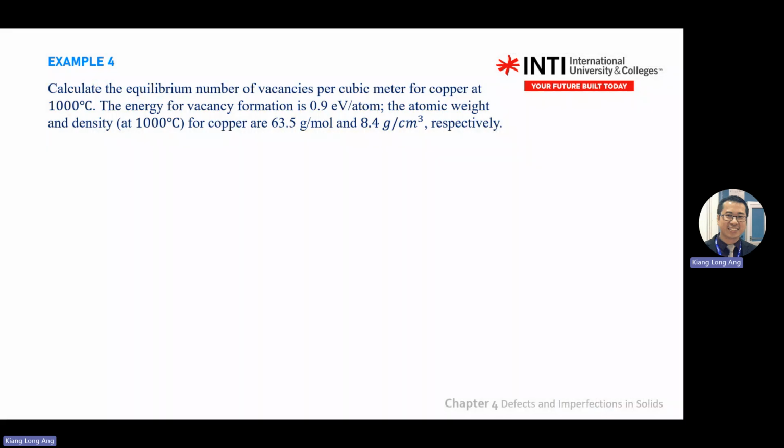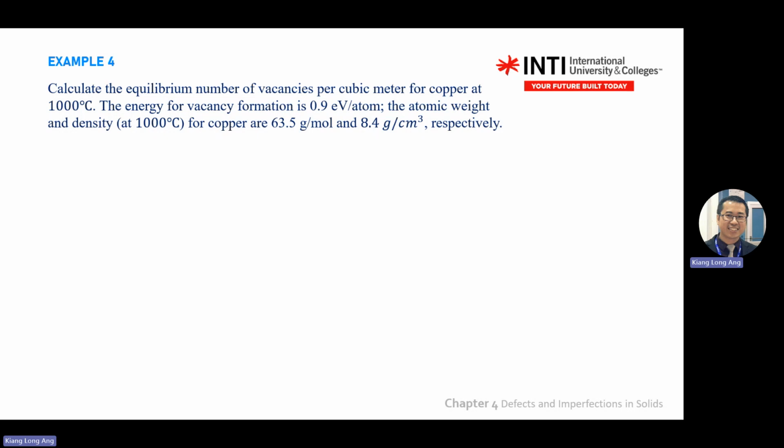Okay, there's a tutorial question for that. The question asks you to calculate the equivalent number of vacancies per cubic meter in copper. So in 1 cubic meter of copper, how many vacancies are inside, at 1000 degrees C. Again, when you see this kind of question, remember, don't use Celsius, use Kelvin.